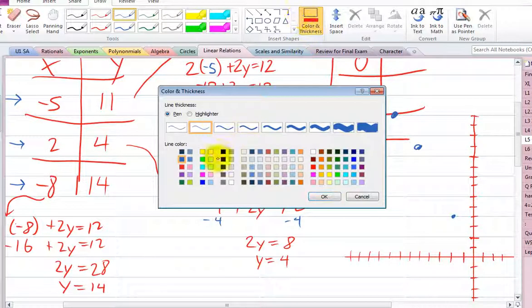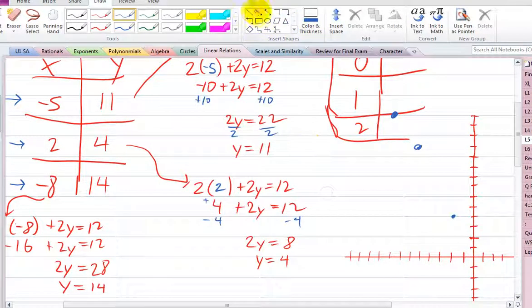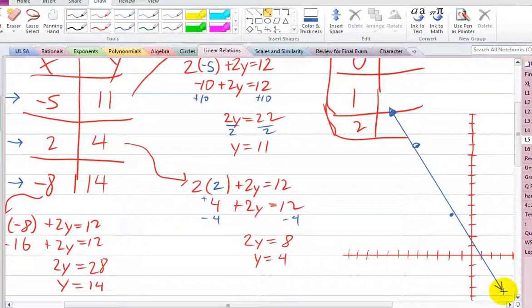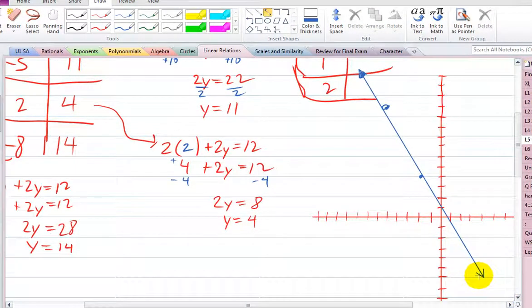Now my last one is up top. So for my line, that's approximately what your line will be.